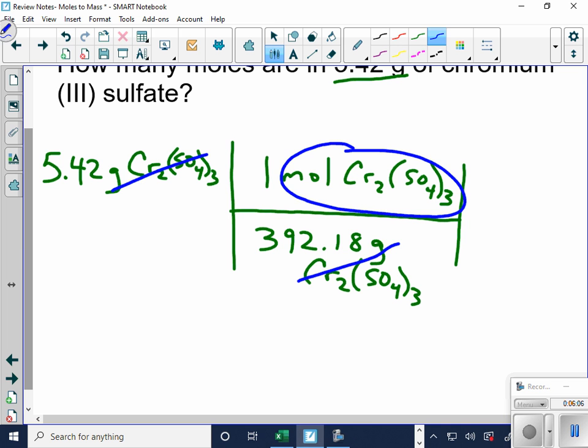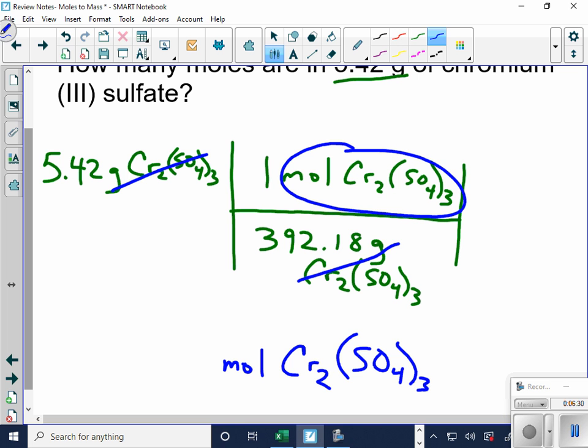This will leave me with a label of mole of chromium-3 sulfate, and I have to do my math. Now remember, I multiply by things on the top, I divide by things on the bottom.